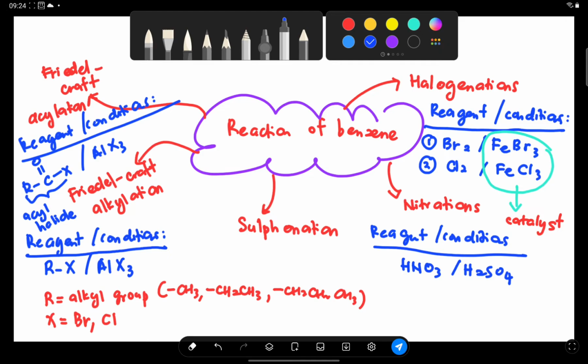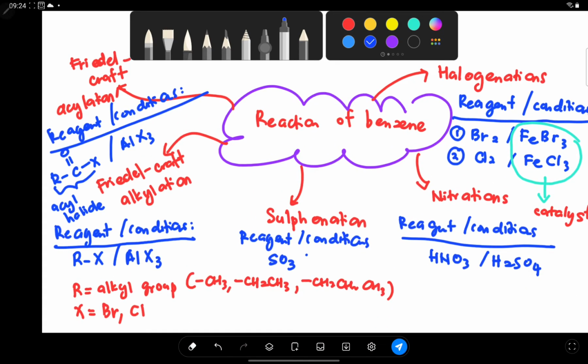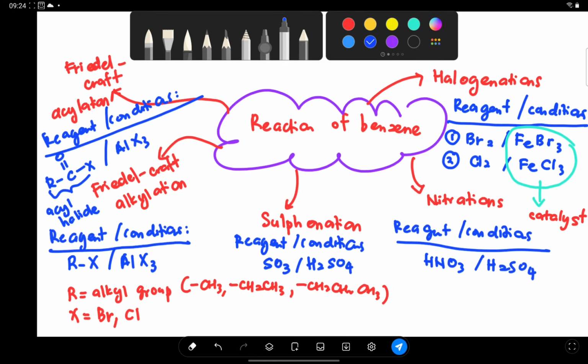And finally, the sulfonation involves the reagent and condition of sulfur trioxide in the presence of sulfuric acid. Okay. So basically, there are 5 reactions of benzene.